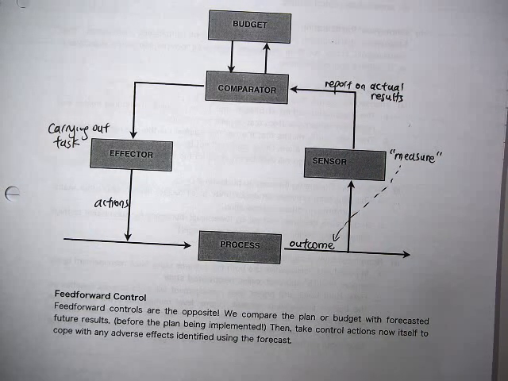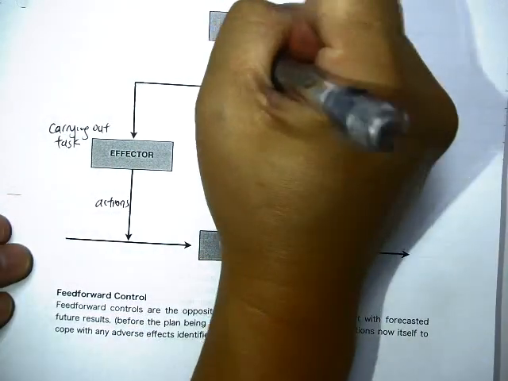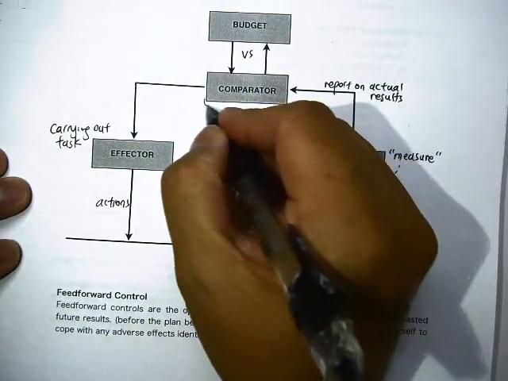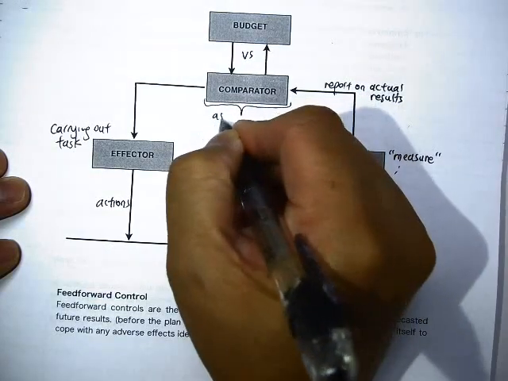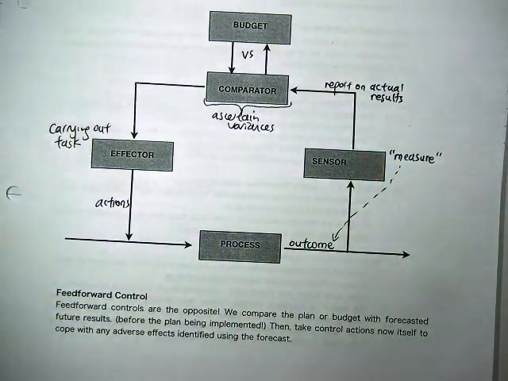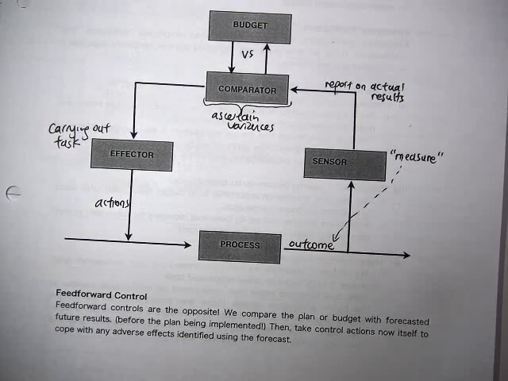And then there must be a person that will take the actual results and the budget and compare, correct? So when they compare, then they will know the variance. Alright, when they do the comparison, they'll be able to ascertain the variance, which you might know as a good variance or not a good variance. Now when you know the variance, obviously if the variance is good, you're happy, you want to maintain.